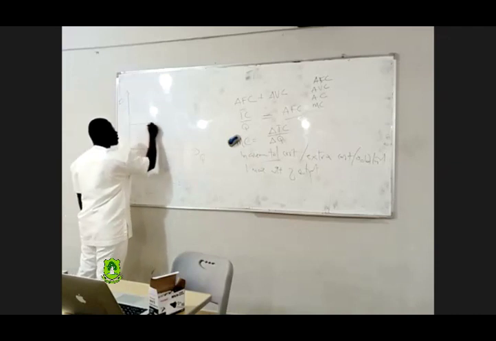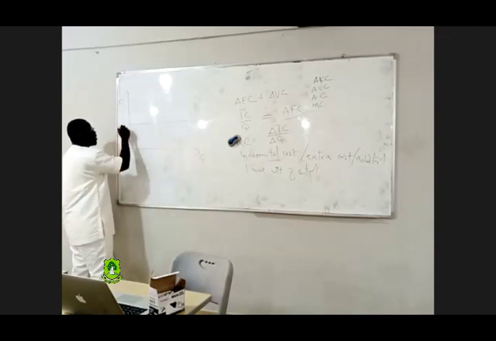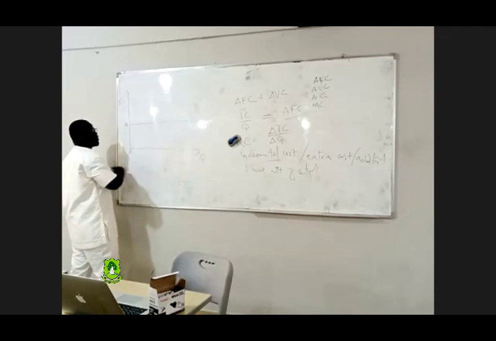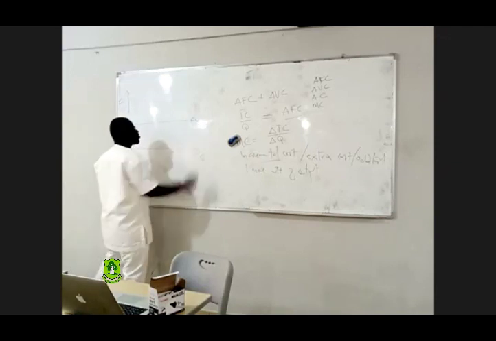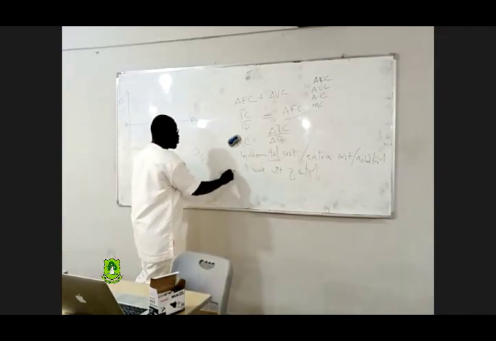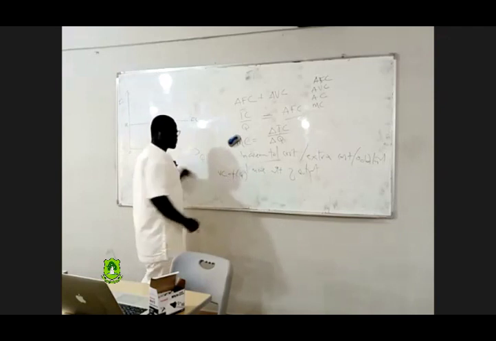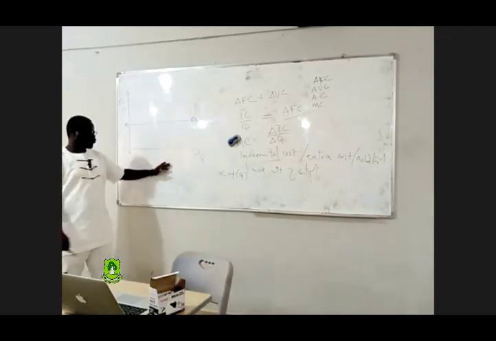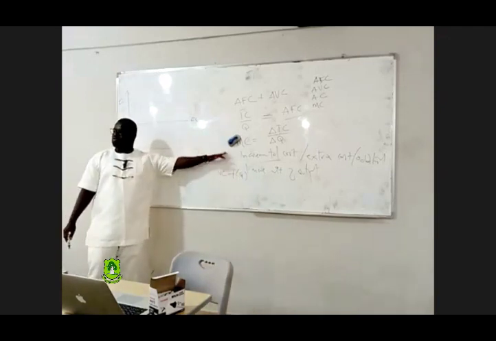So fixed cost is fixed irrespective of the level of output. Are you getting it? And I mentioned that the variable cost that you are going to incur is a function of output.